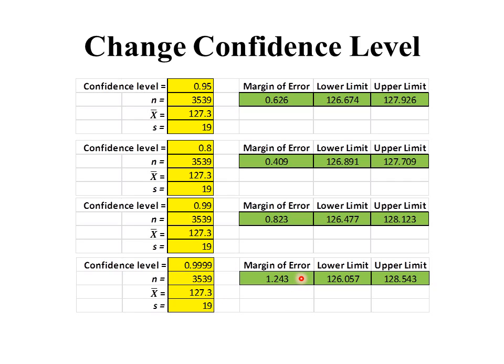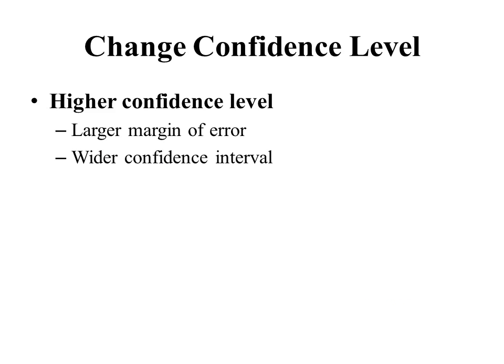And look what that does to the margin of error. It went up to 1.2, and we have now a much wider confidence interval. And so what this illustrates is that if we choose a higher confidence level, then we have a larger margin of error and a wider confidence interval.